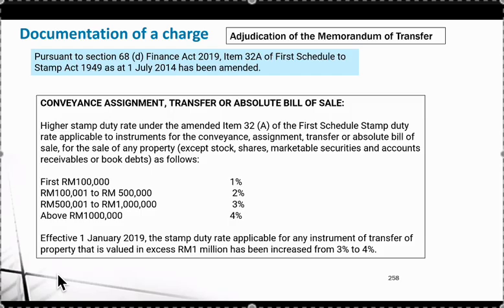Okay, and the first 100,000 is 1%. The next 400,000 is 2%. The next 500,000 is 3%. Above 1 million, it is 4%.